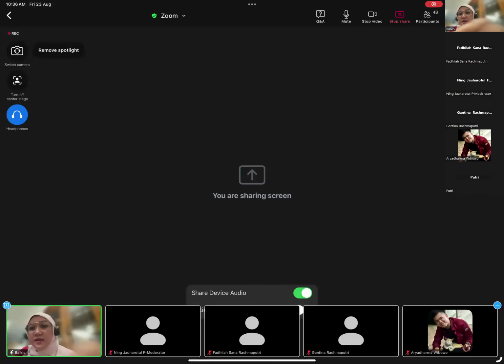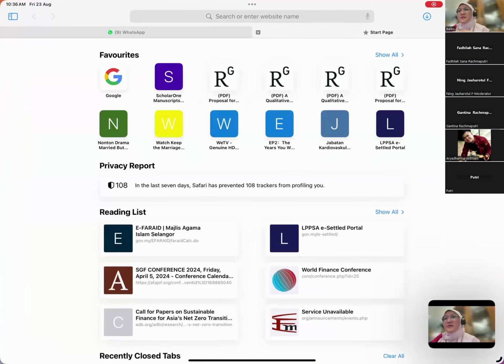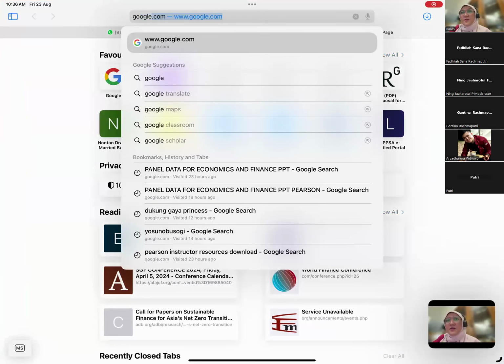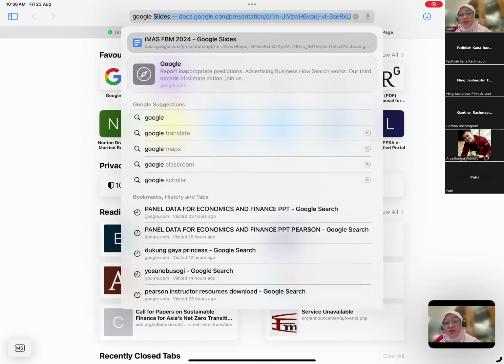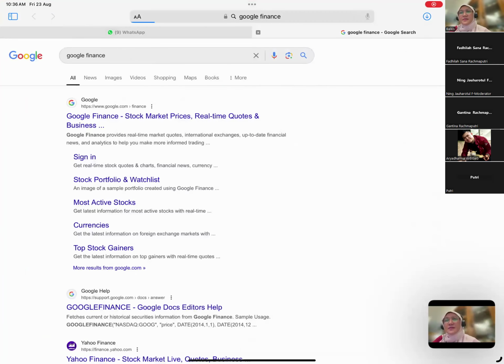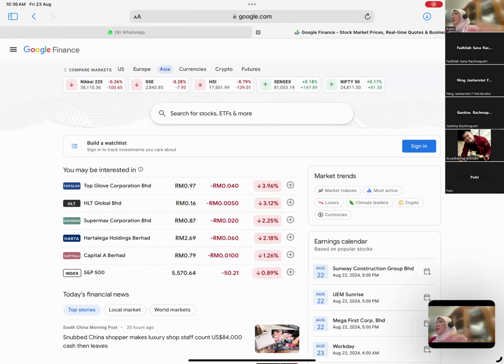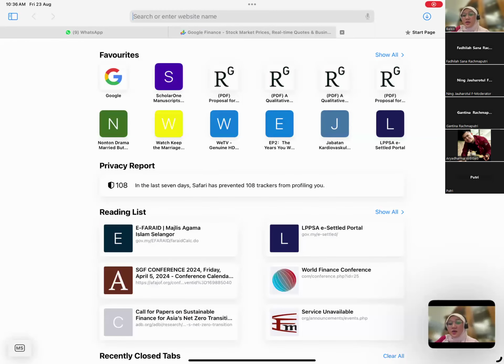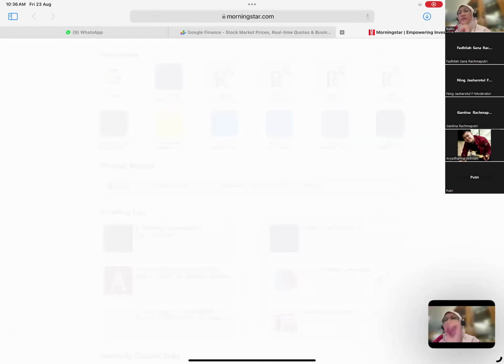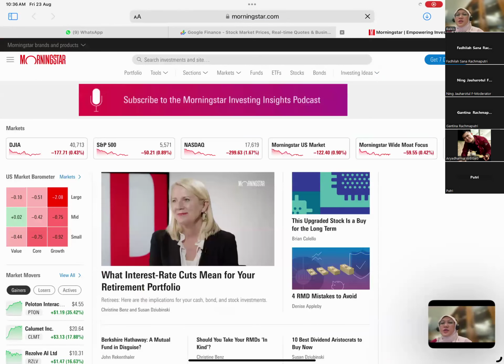All right. Share content, screen, start broadcast. Can you see my screen? If you type Google Finance, or another one is Morningstar.